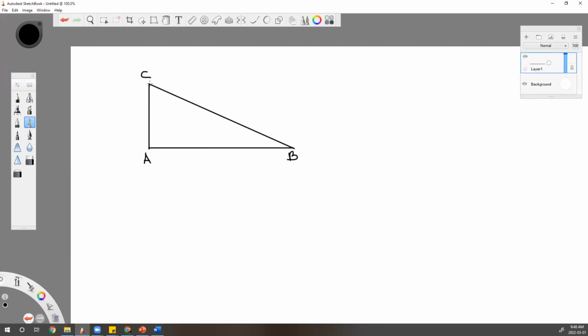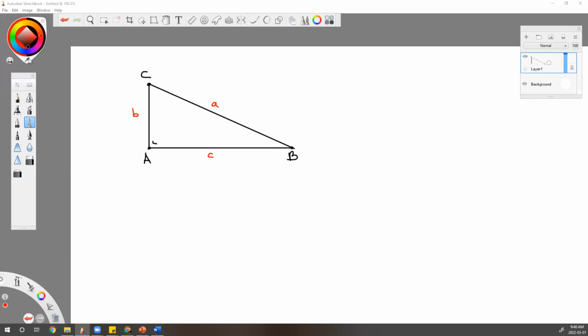So capital letters are always on the vertices. The side that is in front of angle A is small a. The side that is in front of angle B is small b, as you can see, right? In front, opposite. And the side that is in front of C is side c.